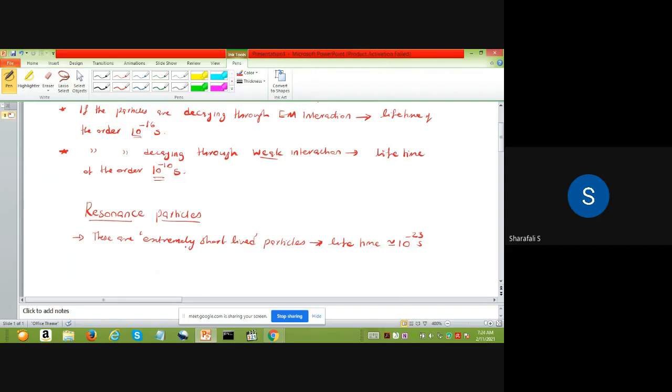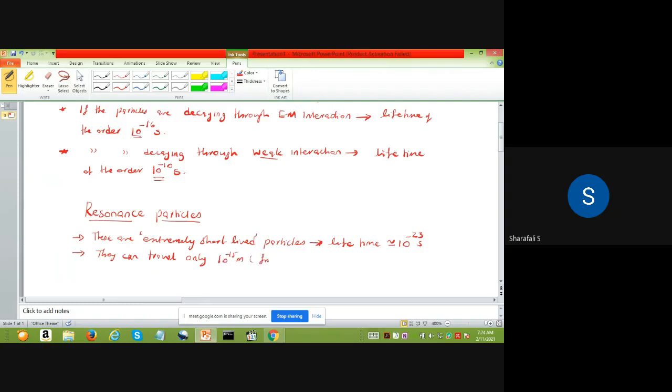These particles have only 10 raised to minus 23 seconds of lifetime, after which they decay into some other particles. So only for 10 raised to minus 23 seconds can we observe these particles, and within that time interval they can travel only about 10 raised to minus 15 meter.